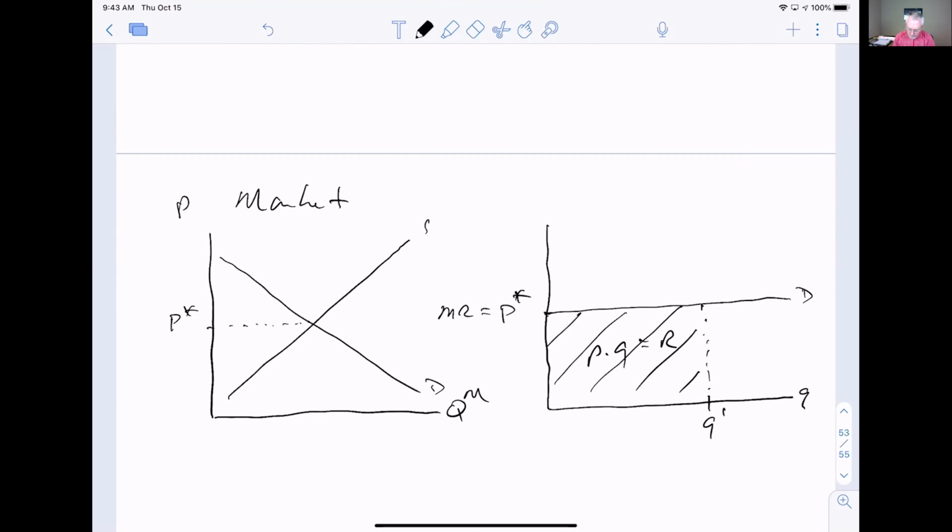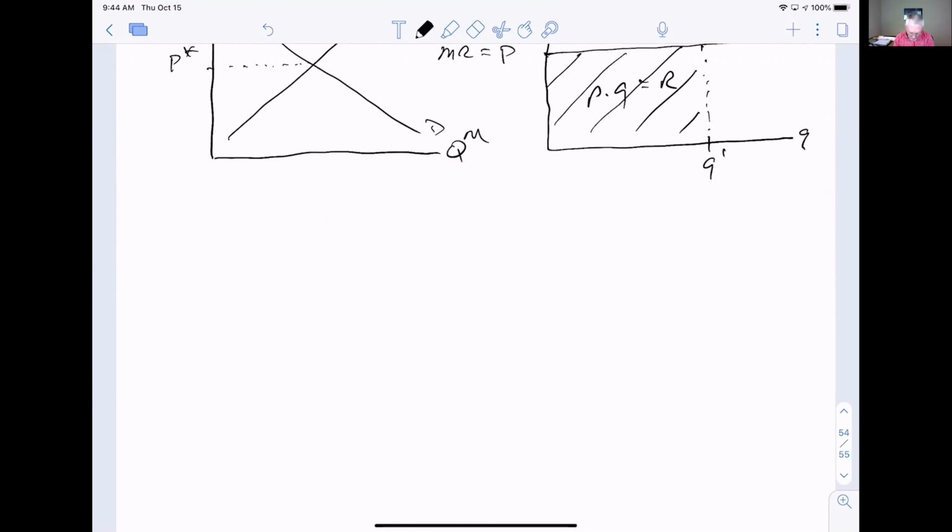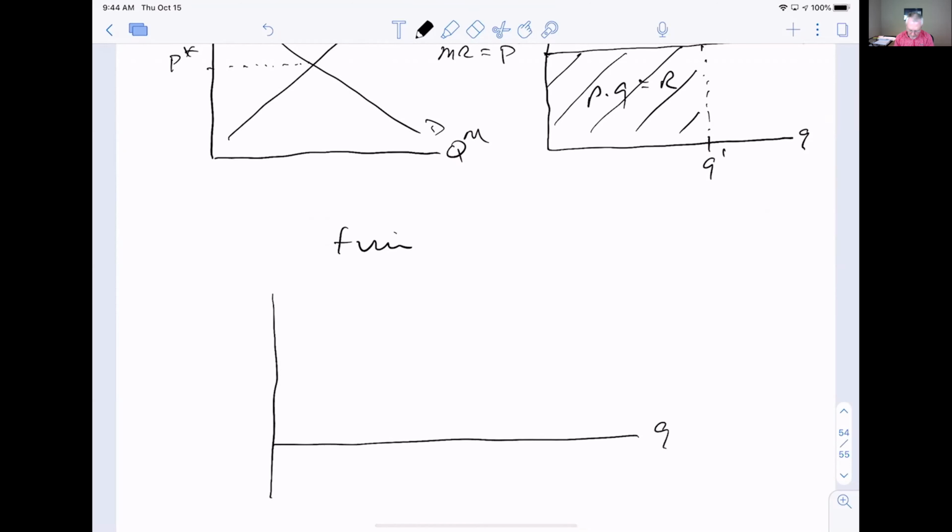Now, if I were to think about this in terms of the firm's cost curve, here's Q, and here I have this in dollar terms. So I have some cost function.